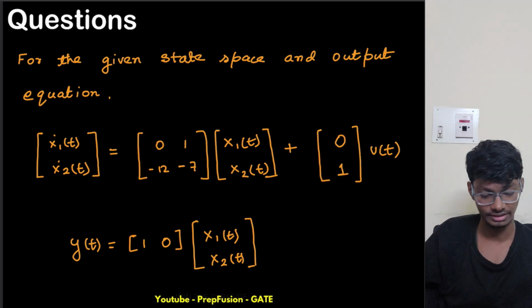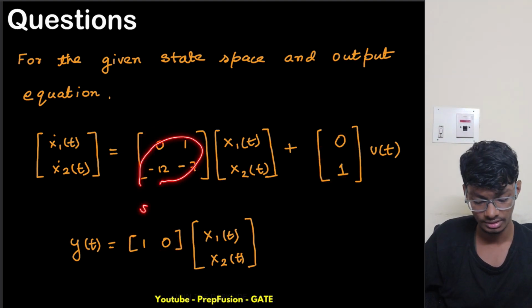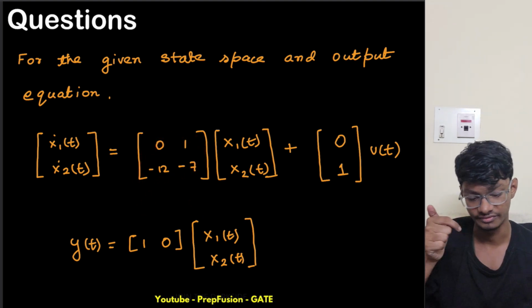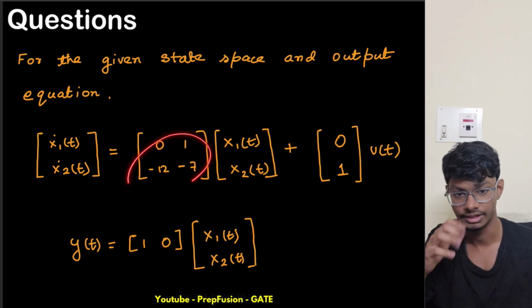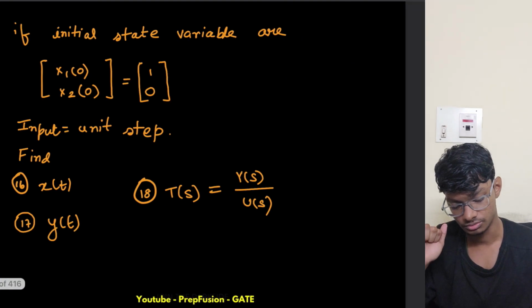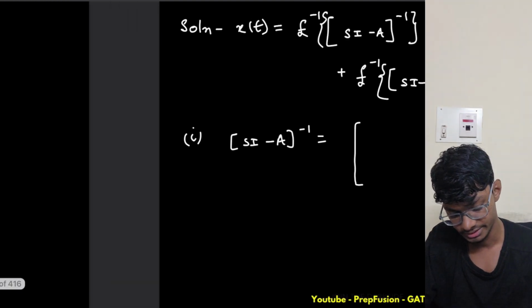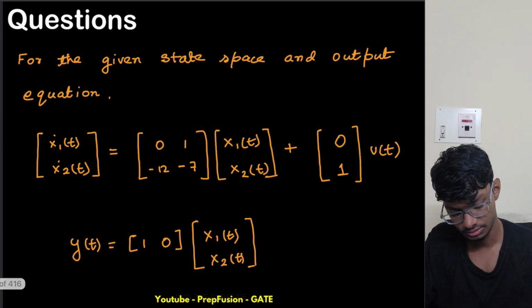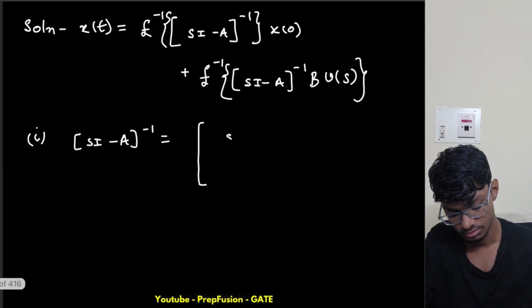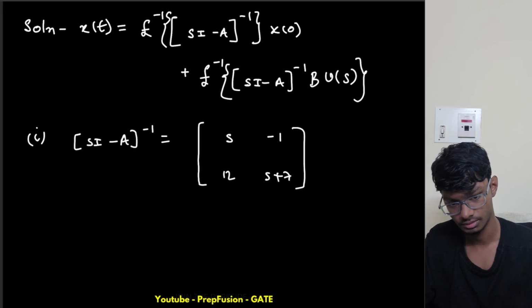The transfer function, I can see directly from here, will be s square plus 7s plus 12. You will verify at the end, because this is in that format only. So what is (sI minus A) inverse? It is simply 0, minus 1, this is 12, s plus 7, I think.